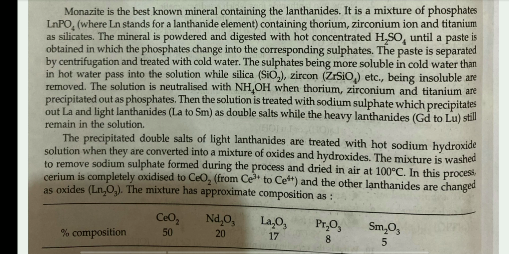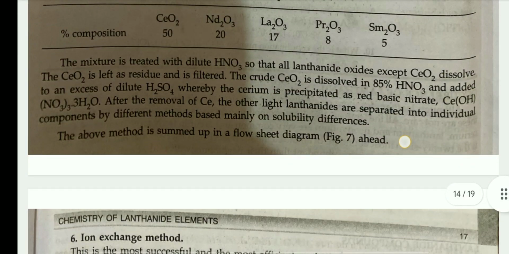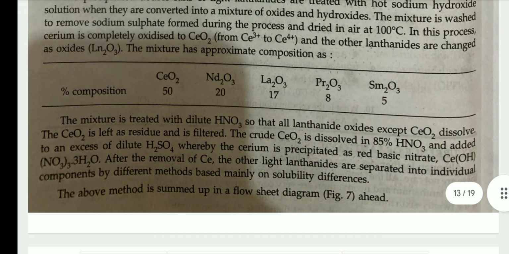In this process, cerium is completely oxidized to CeO2 and the other lanthanoids are changed to oxides. The mixture has approximate composition as CeO2 50, Nd2O3 20, La2O3 17, Pr2O3 8, Sm2O3 5. The mixture is treated with dilute HNO3 so that all lanthanoid oxides except CeO2 dissolve.